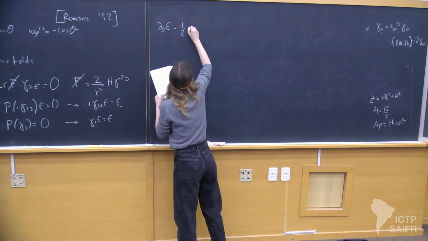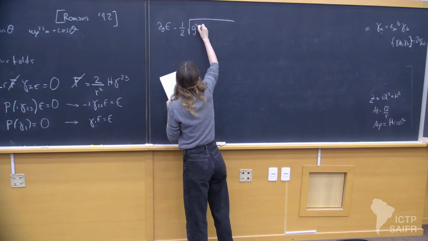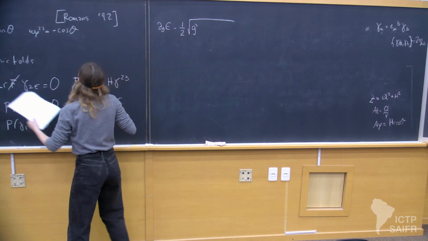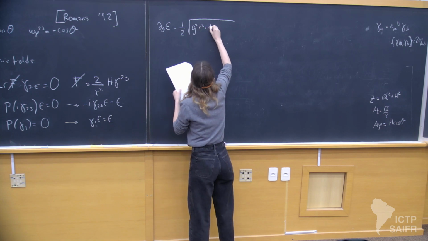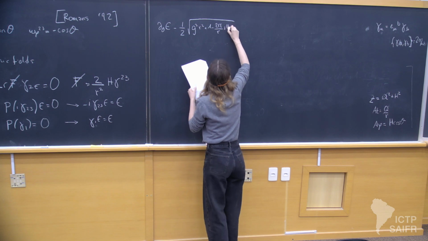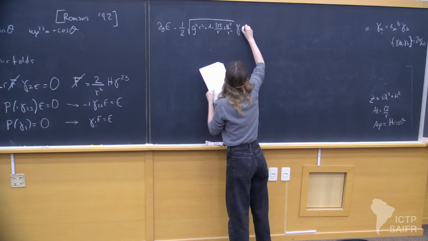I report here the big warp factor, which is g squared r squared plus 1 minus 2m over r plus h squared over r squared, the square root of which is the warp factor u. And then I have gamma 1, 2 epsilon.